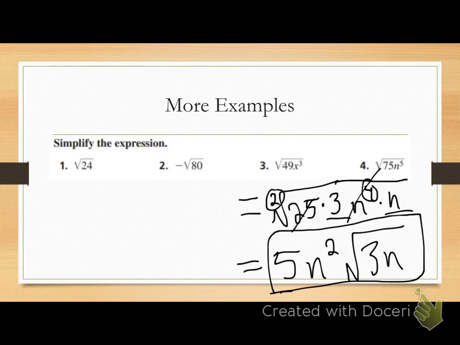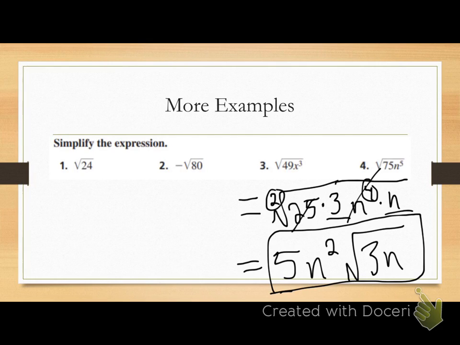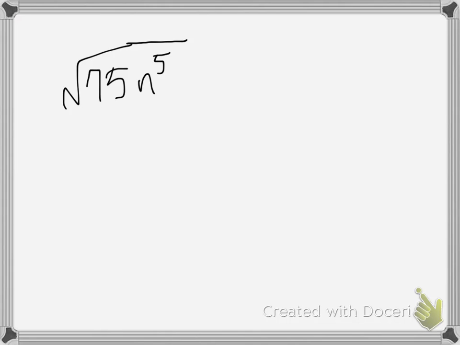Now there is another way we can approach it. I don't like this method quite as much, but if it makes more sense to you, then I'm fine if you use it. So let's look at this last example again. Square root of 75 n to the 5th. Yes, that's the correct thing I'm looking at. I hope you guys remember factor trees, breaking it down into its prime factorization.